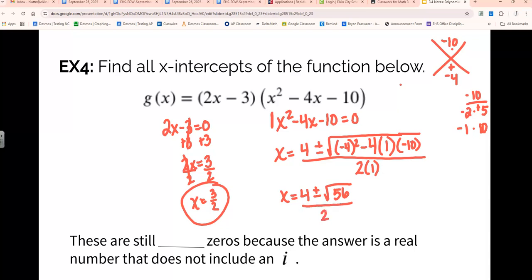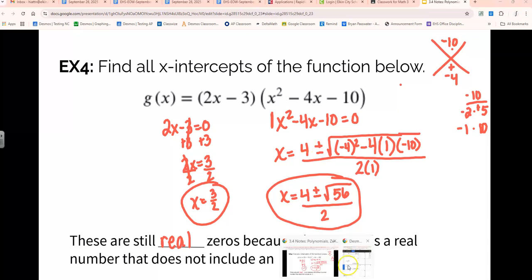I believe that will simplify and break down a little bit, but since I'm not there today, we're just going to stick with this right here. It'll be good enough. We'll work on how to simplify those later. It's important to note that these are still real zeros. So 4 plus or minus the square root of 56 over 2 is still a real number because it doesn't have an i.